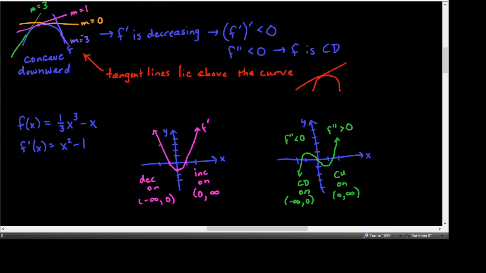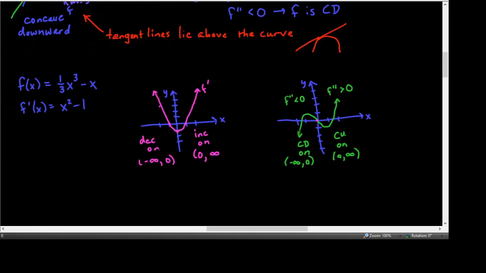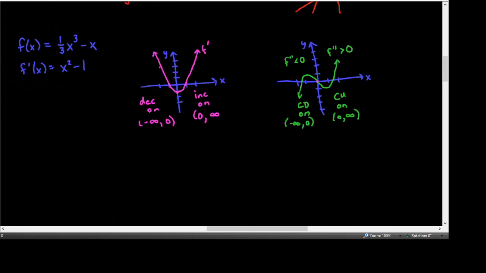So let me show you what we'll do with this, because the representation I have here is to help you understand why, if the first derivative is increasing, the function will be concave upward, and when f prime is decreasing, the function is concave downward.